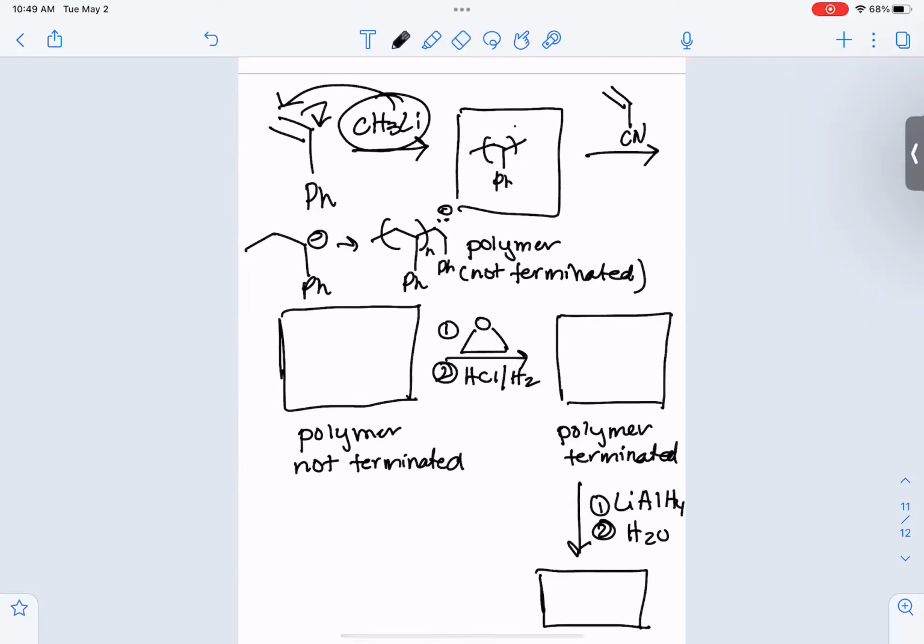So this is the repeating unit. And then there is your reactive group. Right, then we're adding another monomer. So the end cap stays the same. It's that methyl group.